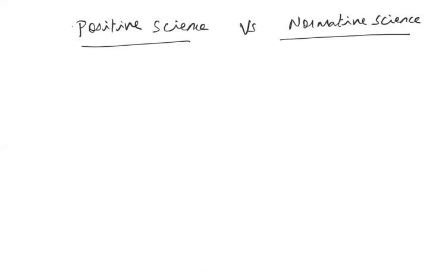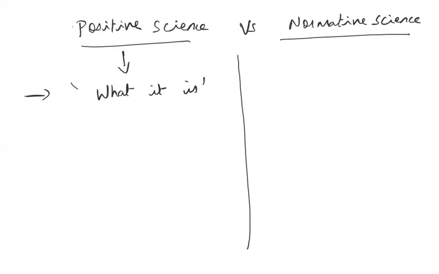The same thing here. We are representing economics as a positive science. If you say economics is a positive science, then it just tells the facts as they are, that is what it is. I gave you one example, overpopulation leads to poverty. That's all. This is the cause and this is the effect. That's what the positive science analyzes and tells about.